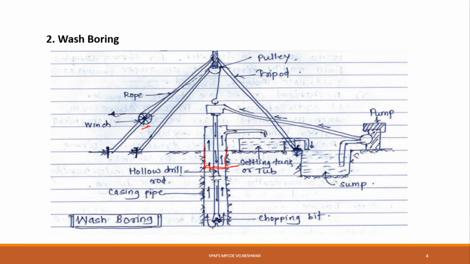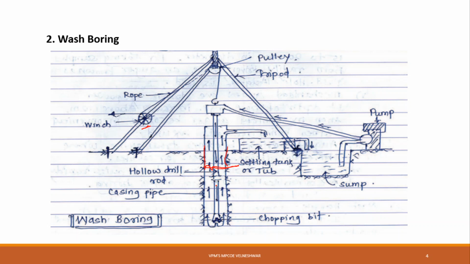This bit is at the initial stage, it will come here, and after that it goes down and down. The hole is continued by use of a chopping bit fixed at the end of the string of hollow drilling rod, and this chopping bit will drill this portion.